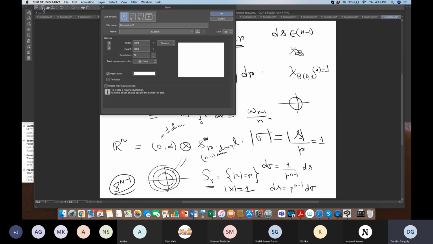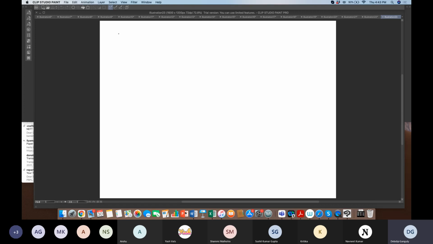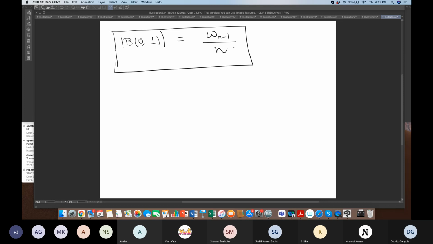Clear? So the measure of a ball of radius 1 is omega_(n-1) by n, where omega_(n-1) is the measure of the sphere S^(n-1). Okay. And now you just think what will it be for n equal to 2?